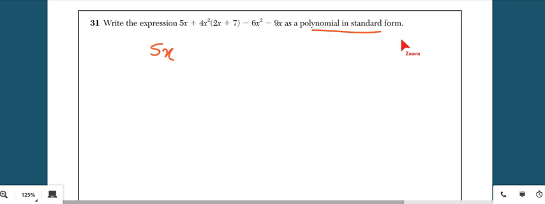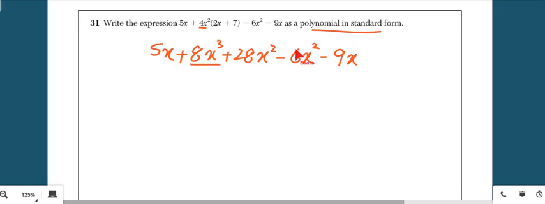Now I am multiplying 4x square by using the distributive property here. So 4 times 2 is 8, x times x square is x cube, and then 4x square times 7 will become 28x square, minus 6x square, minus 9x. Is it clear? Now I am writing them in order.